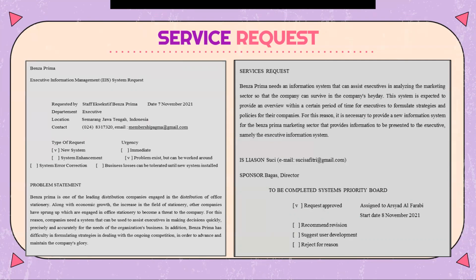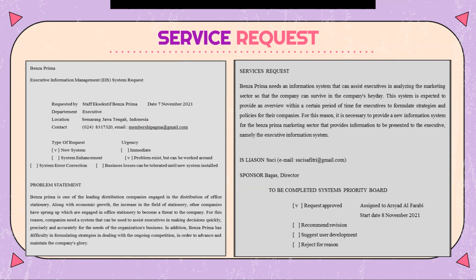As you can see in this slide, the system service request provides the name and contact information of the person requesting the system, the problem statement, and then the sponsor information. The picture describes the creation of a system request in the form of a form.